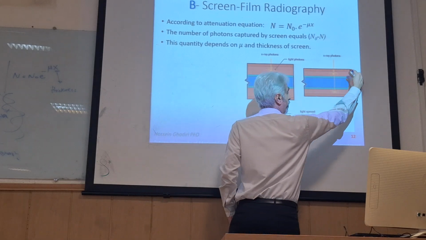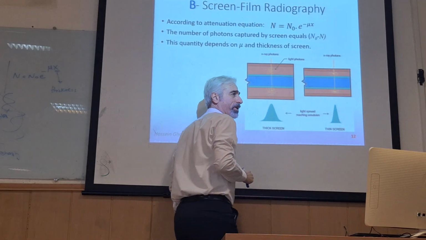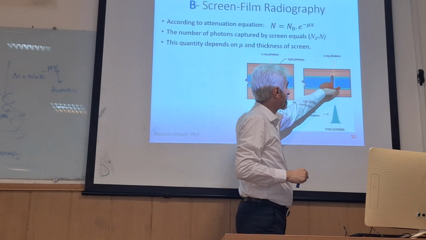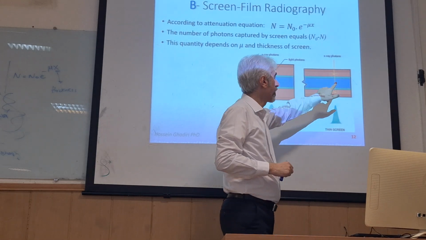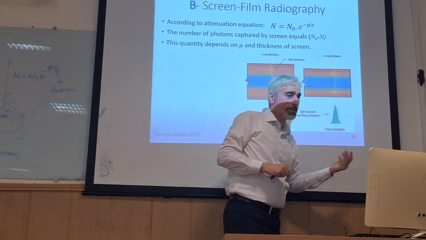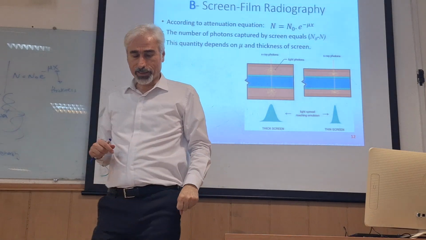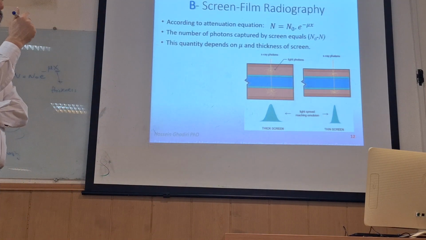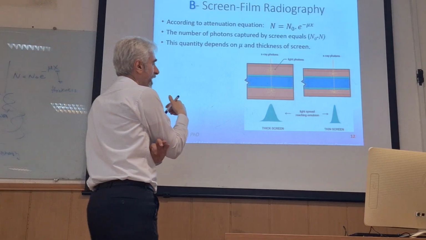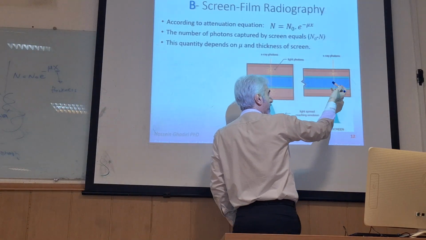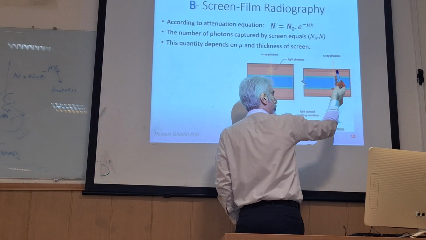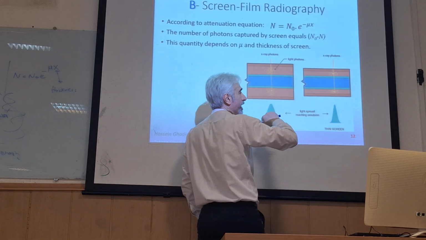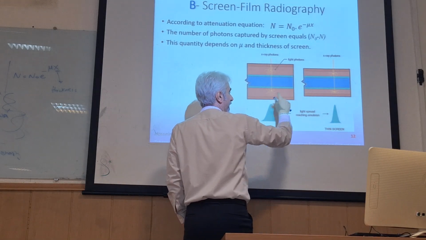But when you decrease the thickness of the screen, there is less spreading of the light, so less blurring effect on resolution, and we have better spatial resolution with a thinner screen compared to a thicker screen.